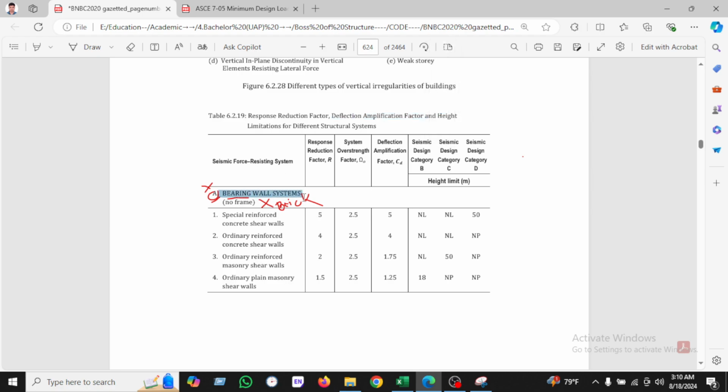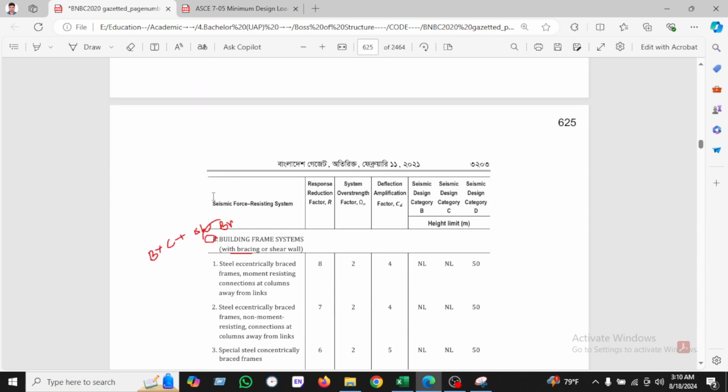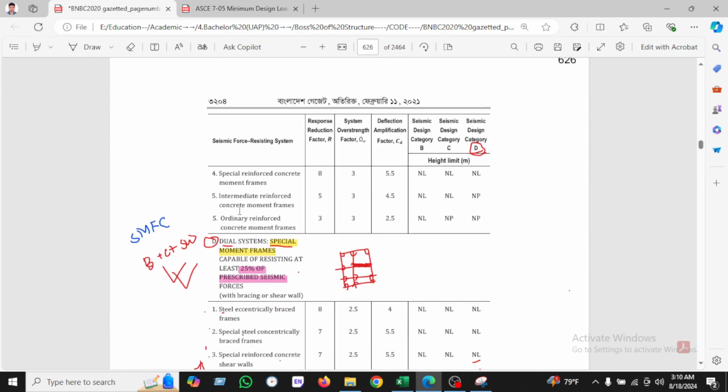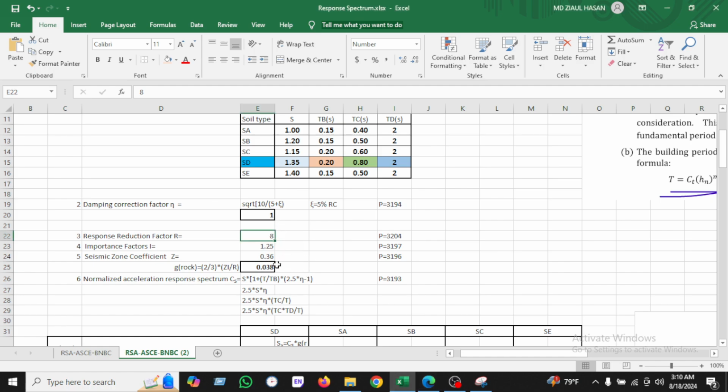At first there is the bearing wall system, which we do not use, and another is the building frame system with bracing. We will use the moment resisting frame system, no shear wall. Our seismic force resisting system is a reinforced concrete moment frame. So our response reduction factor is 8.